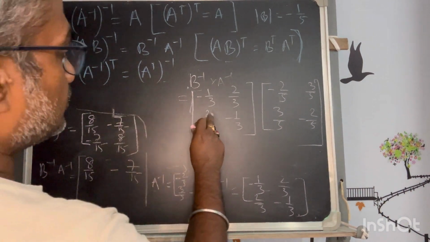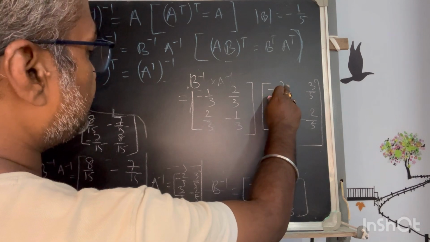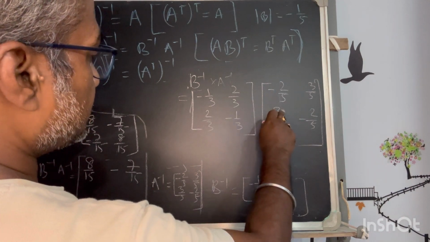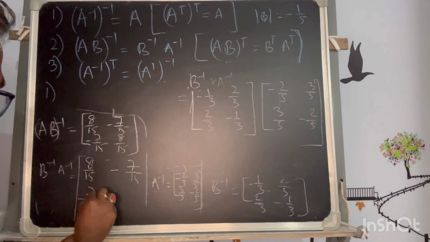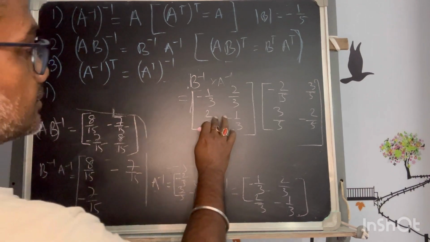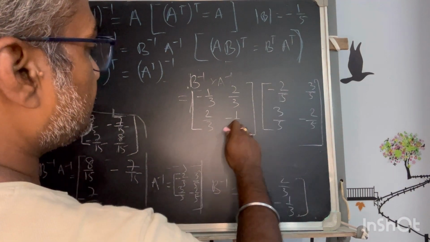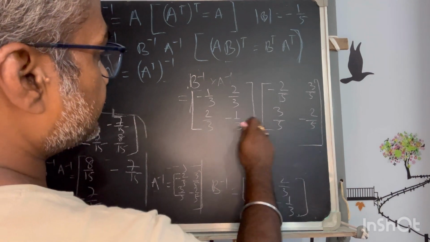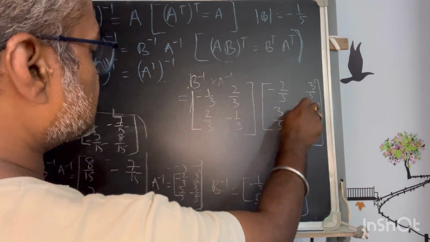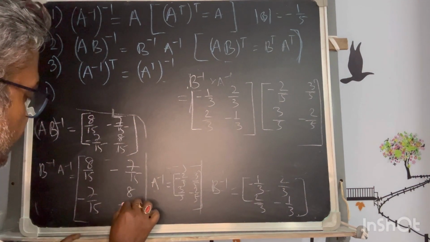Now this into this, minus 4 by 15 plus minus 3 by 15, so minus 7 by 15. And this into this, 6 by 15 plus 2 by 15, 6 plus 2, that is equal to 8 by 15.